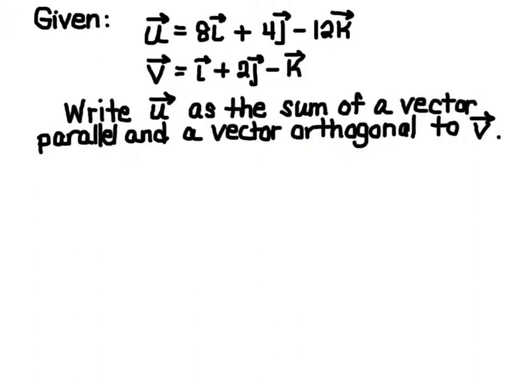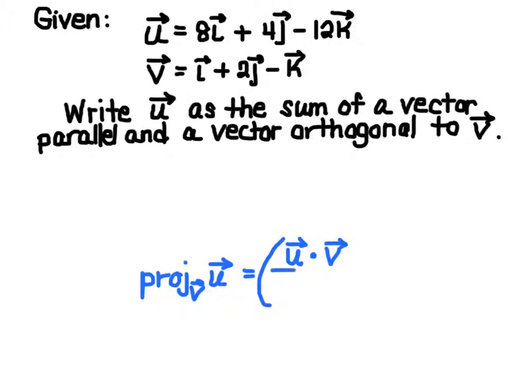So the formula that we're going to use is, first we want to find the projection of u onto v, and that is going to be u dot v divided by the magnitude of v squared multiplied by the vector v.